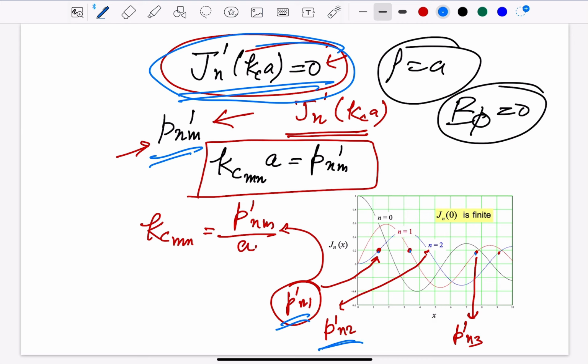These are the zeros we are getting, the different roots. So we define these different roots in a generalized solution as P prime nm.